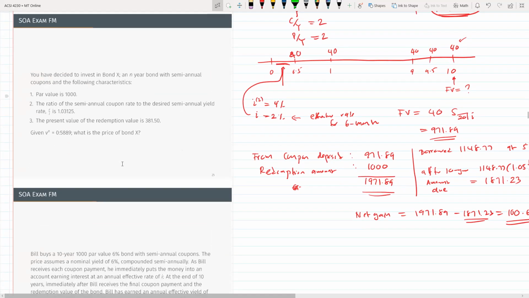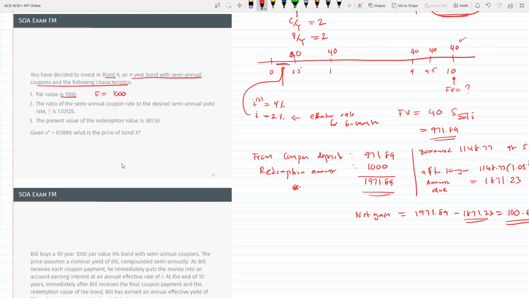This one says you have decided to invest in bond X, an N-year bond with semi-annual coupon and the following properties. Par value is 1,000, so face value is 1,000. The ratio of the semi-annual coupon rate to the desired semi-annual yield rate is 1.03125.